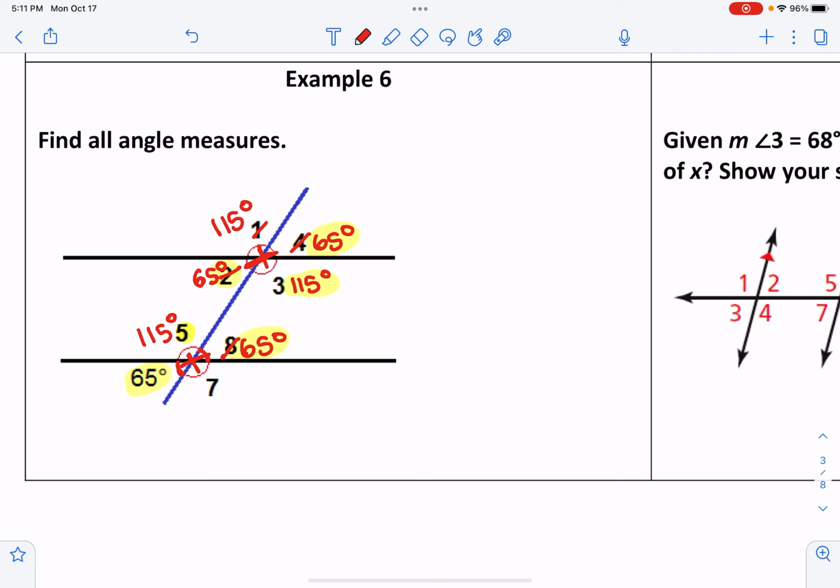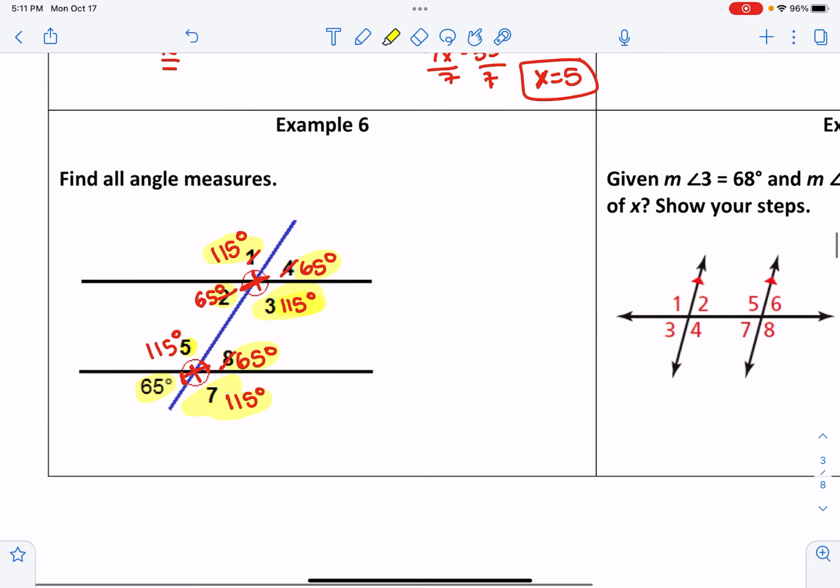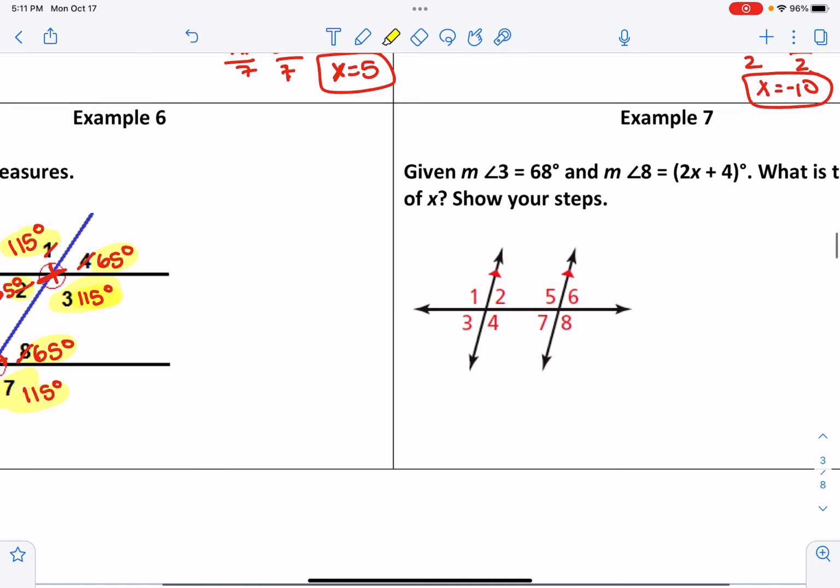And then angle 7 and angle 5 are also vertical angles, so angle 7 is also going to be 115 degrees. And if we look, angle 3 and angle 7 are corresponding, so they're congruent, or angle 7 and angle 1 are alternate exterior, again congruent. So there's different ways to do example 6.